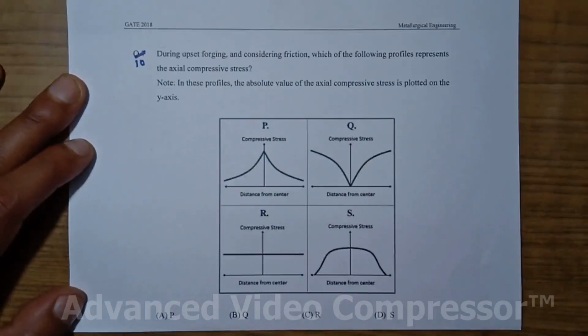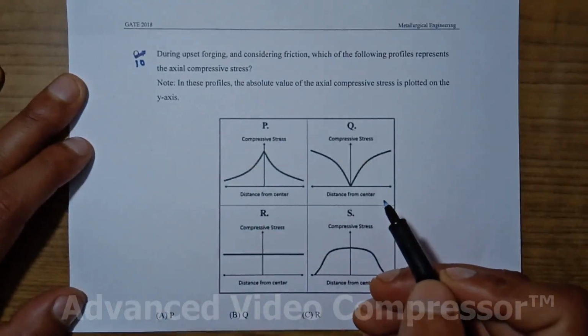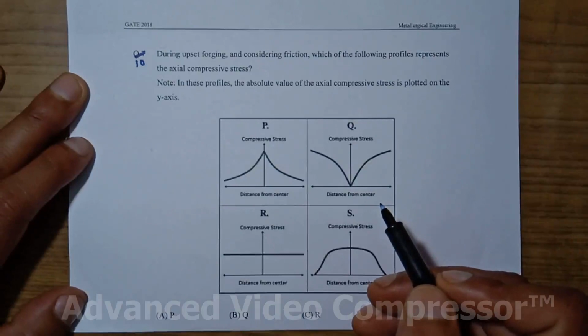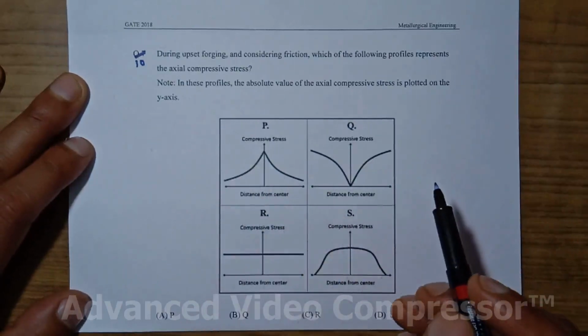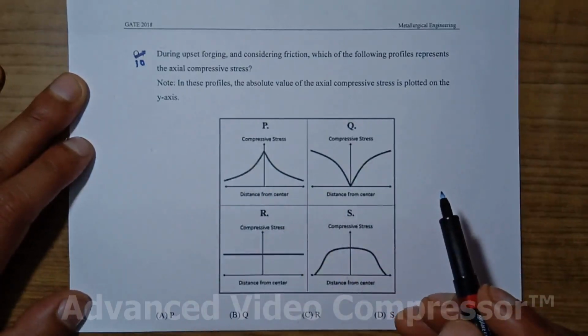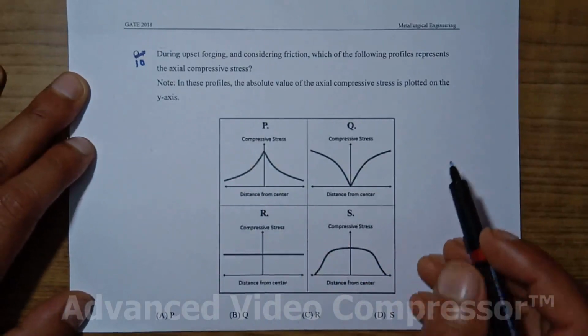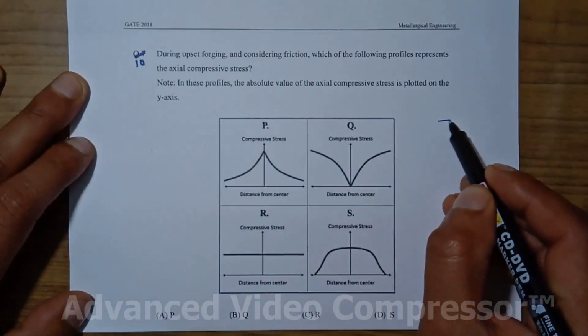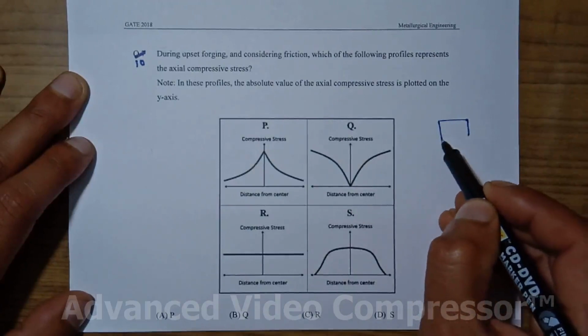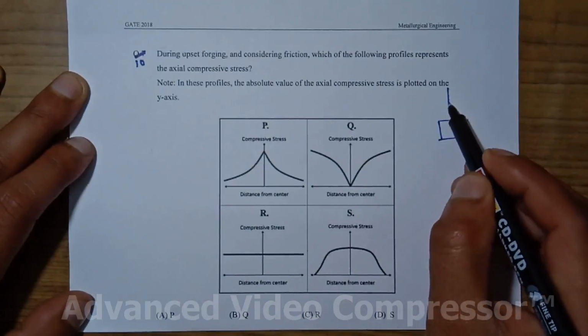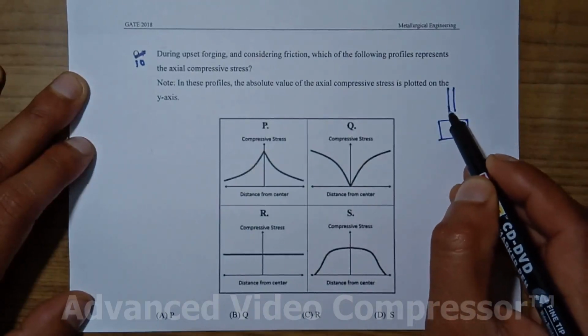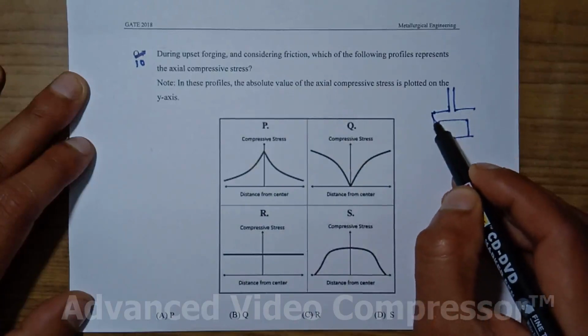And the last question of manufacturing is, during upset forging and considering friction, which of the following profiles represent the axial compressive stress? In this profile, the absolute value of compressive stress is plotted on the y-axis. So suppose this is your job and we are compressing here, or we are doing upsetting with the help of a hammer.